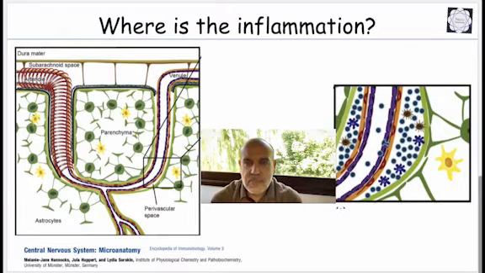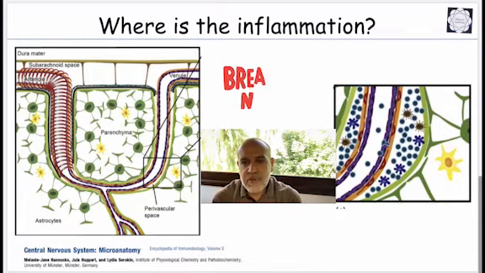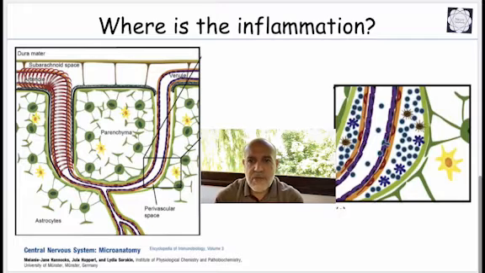Here, these two basement membranes separate again, forming another perivascular space, which is called the perivenular perivascular space. At this level, we find CSF and some cells such as macrophages and antigen-presenting cells. And it's precisely at this level where gadolinium accumulates when we have perivascular enhancement.